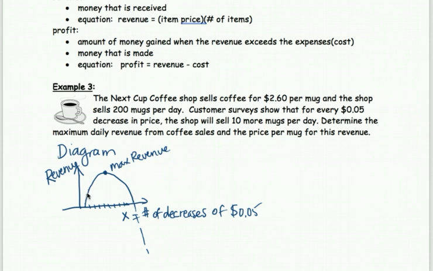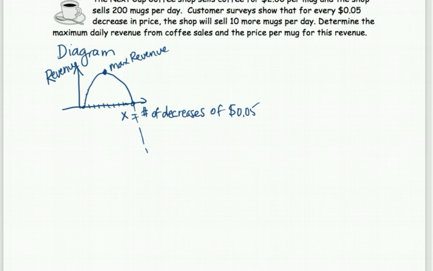You want to be careful here. You'll break even at some point, but you want to figure out where's that max value, where's that perfect amount of drops of 5 cents in price that will get you the most money. So we need to brainstorm here.